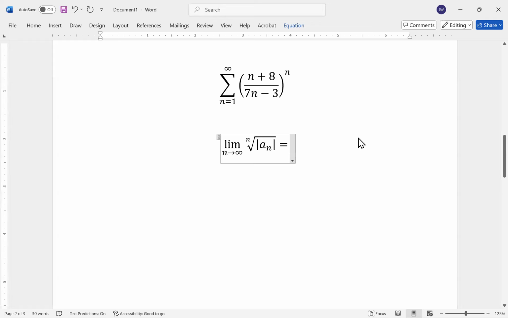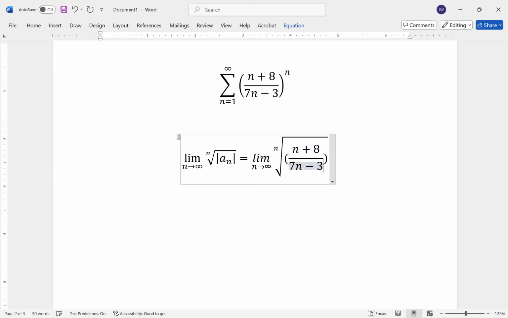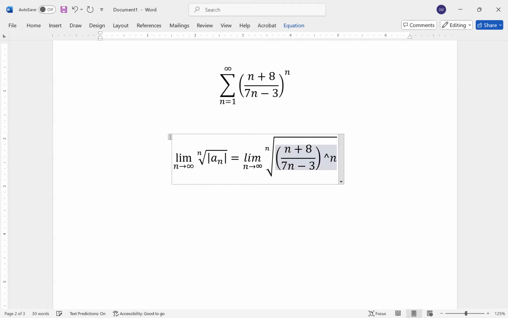The reason is that these terms are all being raised to the nth power. So when I take the nth root of those terms, my a sub n is the ratio n plus 8 divided by 7n minus 3, all raised to the nth power.